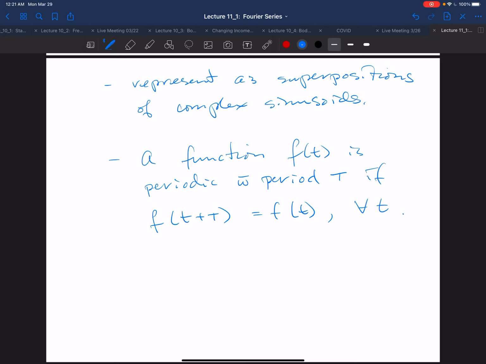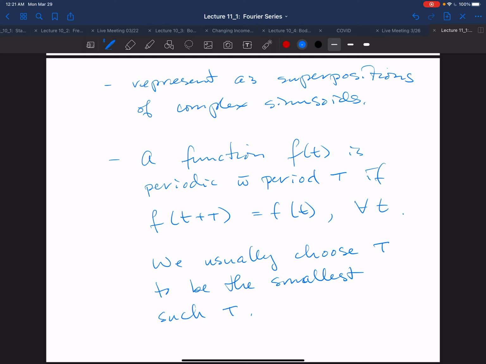So we usually choose capital T to be the smallest such capital T. So if a function is periodic with period 1, we don't say it's periodic with period 2. We say it's periodic with period 1, because that implies that it's also periodic with period 2, 3, 4, and so forth.